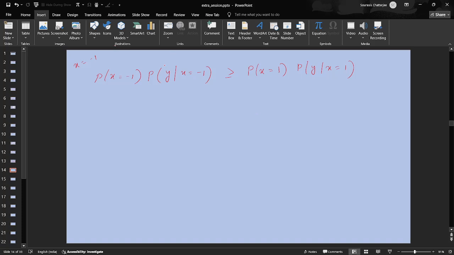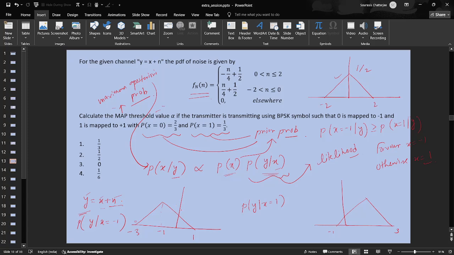And by the way, how do you find the expression of this one? Let's say the variable is called alpha.